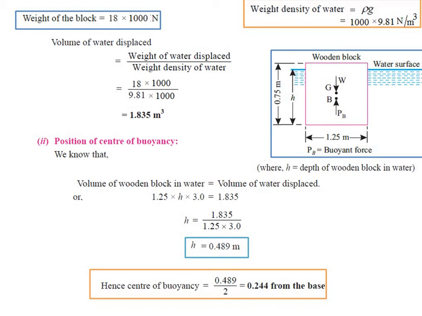So the height of block immersed inside the water is 0.489 meter, and hence the center of buoyancy is H by 2, which is nothing but 0.244 from the base. So the buoyancy point B is located at a distance of, sorry, 0.244 meter.